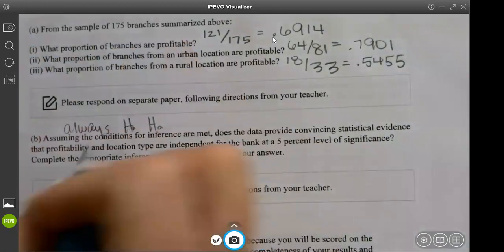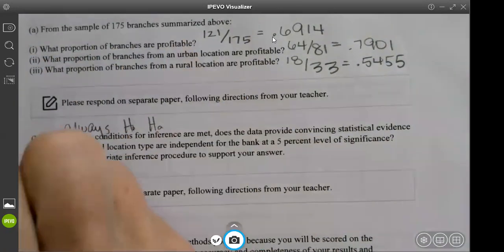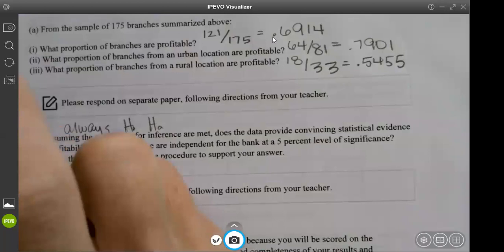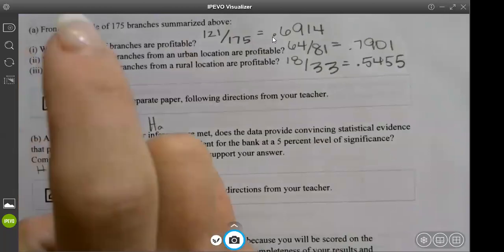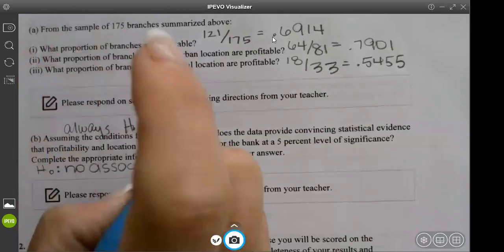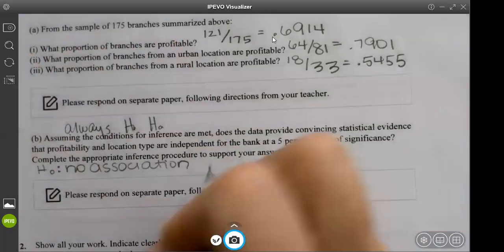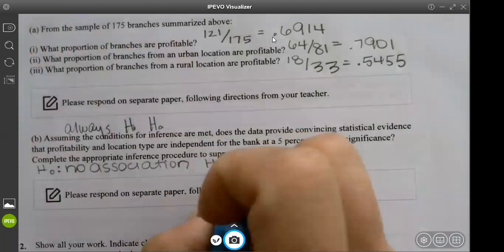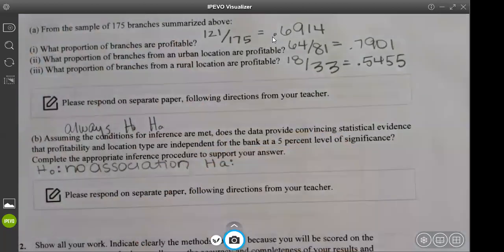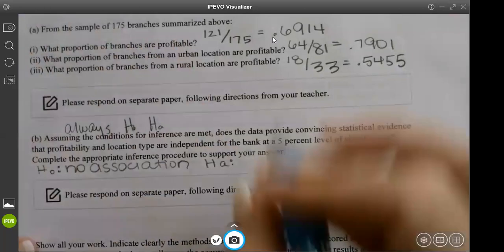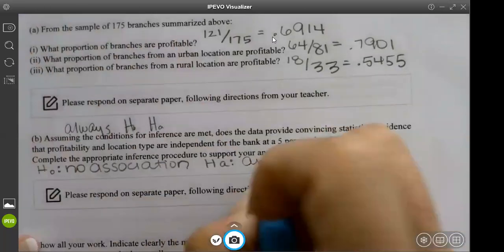So you can write it 2 ways. Your null can be no association or not independent. I just like it this way because it makes me think about it a little bit easier rather than independent versus not independent. And your alternative is there is an association.